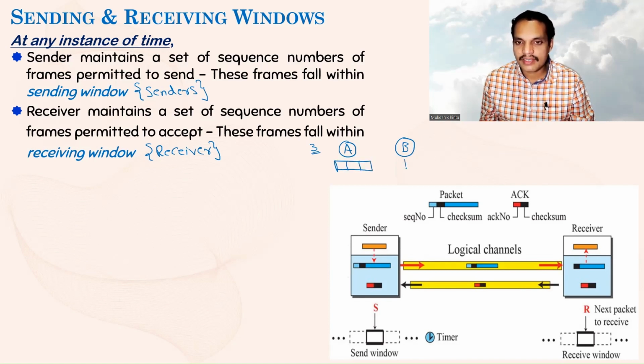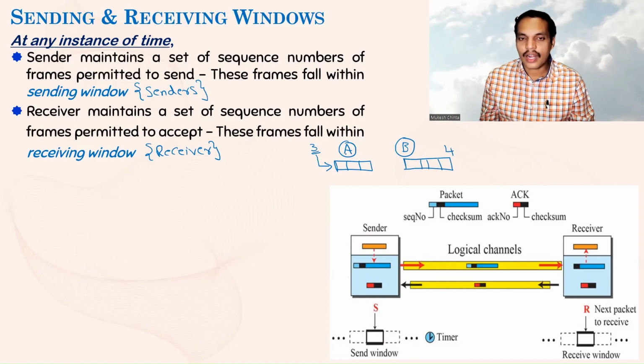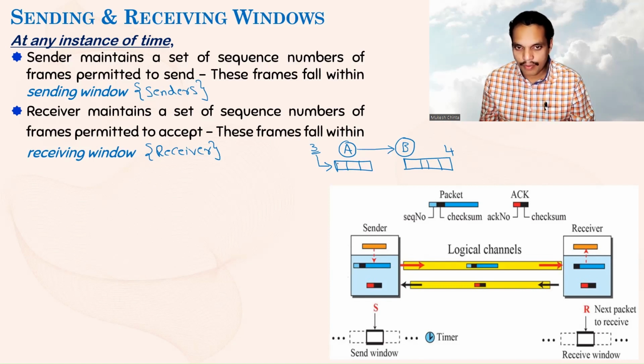And if B's capability is to accept 4 frames at any given point of time, the receiver's window size is 4. So the sender's window size tells me how many frames the sender A can send without waiting for an acknowledgement. If I put the sequence numbers as 0, 1, and 2, it can send all these 3 out and then wait for the acknowledgement to come back.